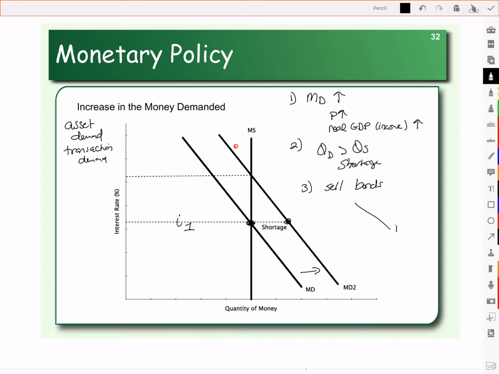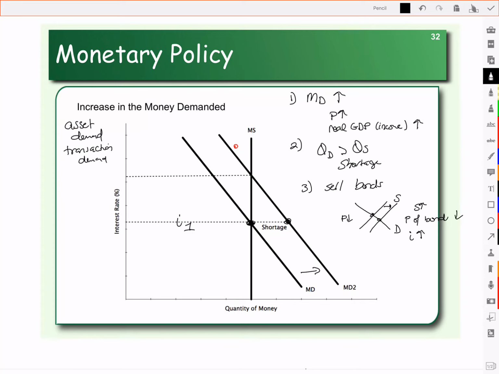And of course, we have the bond market, demand, supply. And so if we all sell off our bonds, the supply increases, which causes the price of bonds to fall. And since bonds have a fixed value at maturity, when the price of bonds goes down, the interest rate that they earn goes up.